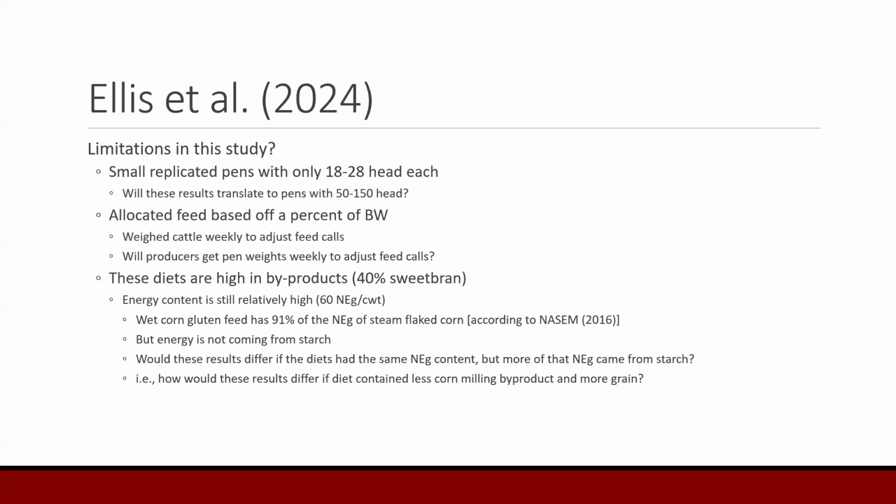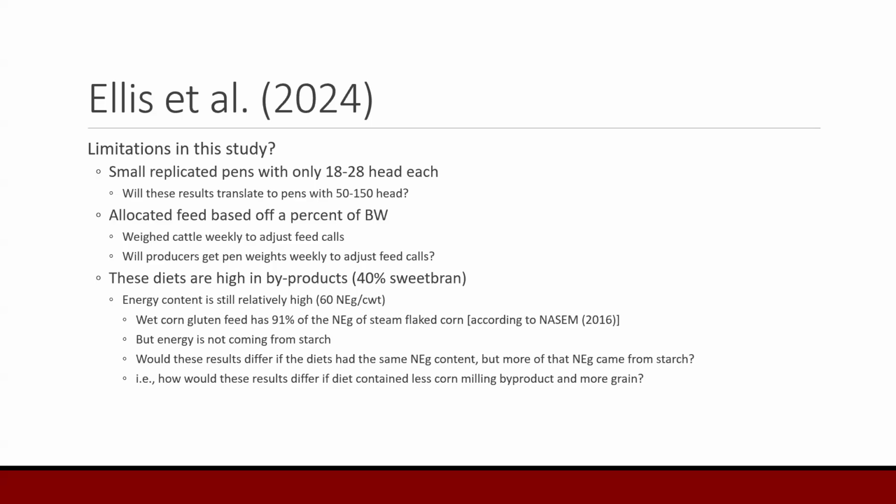These diets are high in byproduct. So they were feeding all diets 40% sweet bran. Okay. And the energy content is still relatively high at 60 NEG, but wet corn gluten feed has 91% of the NEG value of steam flake corn, but most of that energy in sweet bran, which is corn gluten feed, is coming from fiber and negligible starch.